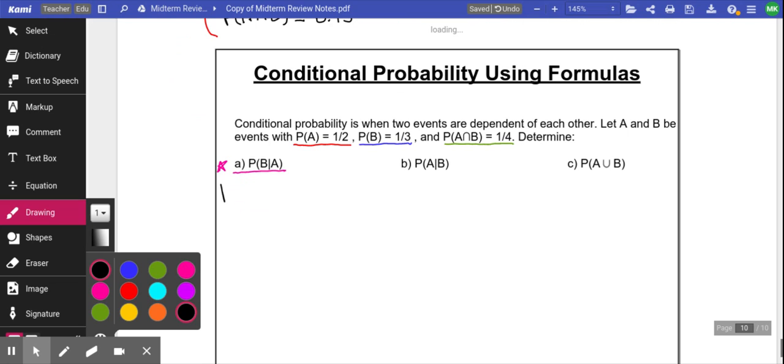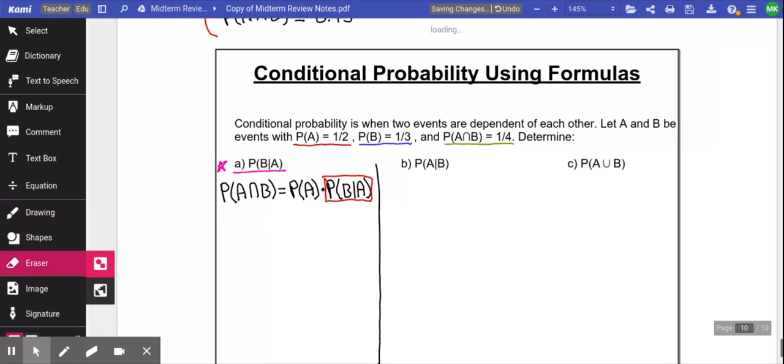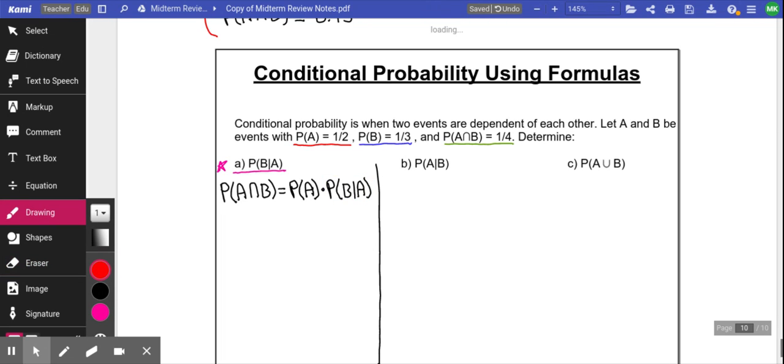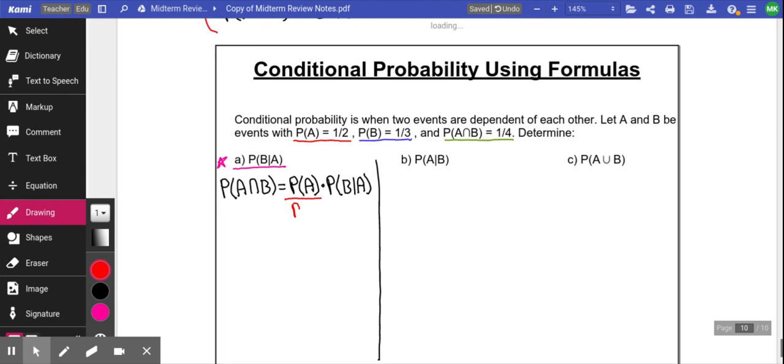And that formula is the probability of A and B equals the probability of A times the probability of B given A. Awesome. Because we're trying to solve for probability of B given A, we want to try to get this by itself. The way we get that by itself is by dividing the probability of A to the other side.